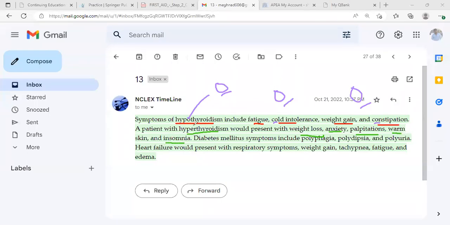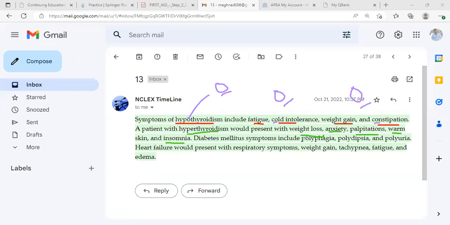So with hyper, everything goes up. Appetite is good, but the patient's metabolism rate goes up. So weight loss. Anxiety increases, heartbeat increases, palpitation increases, tachycardia, hot skin, and insomnia.